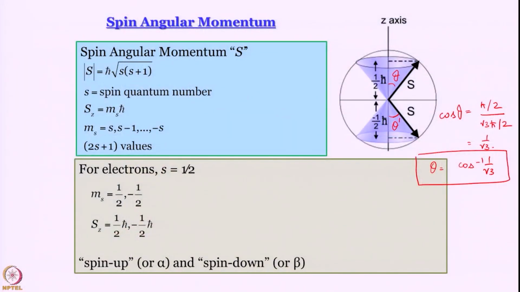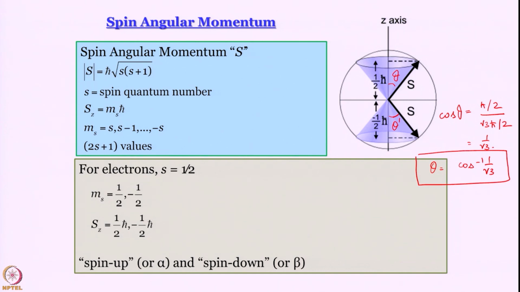Great. So, this is what we have discussed. Only one more thing to say, the two wave functions associated with spin up or spin down, that is eigenvalues of h cross by 2 and minus h cross by 2, they are alpha and beta. Can you write them out in some functional form like you did for hydrogen atom wave functions? No, you cannot, because they are functions of omega and we do not even know what omega is.